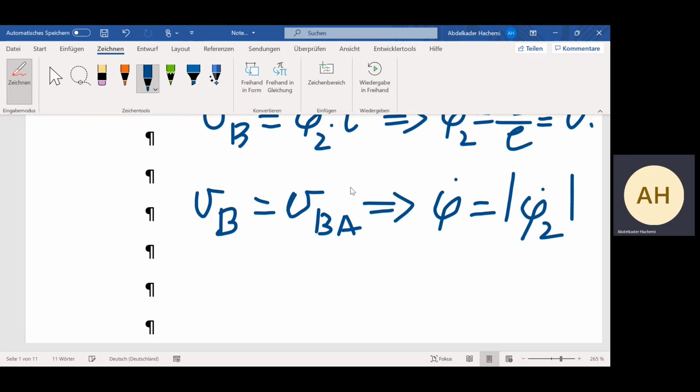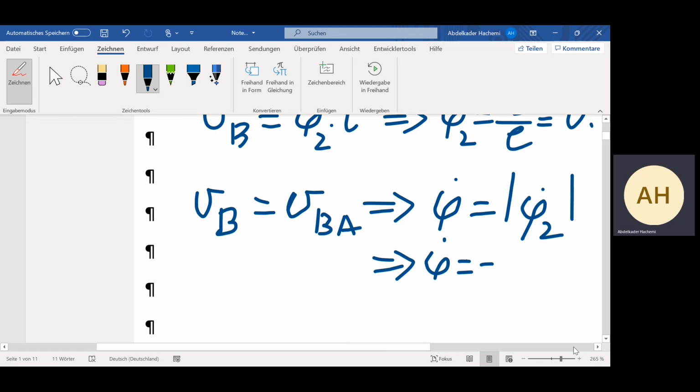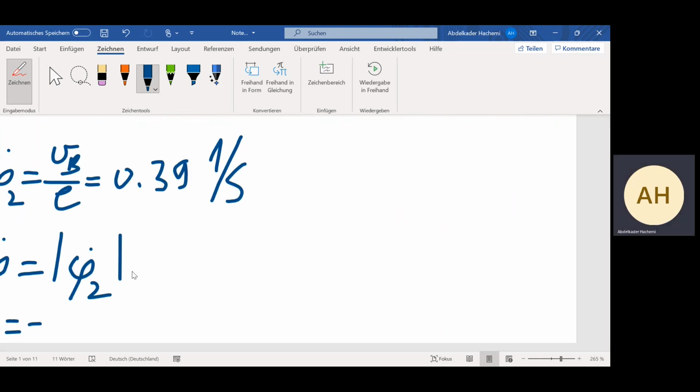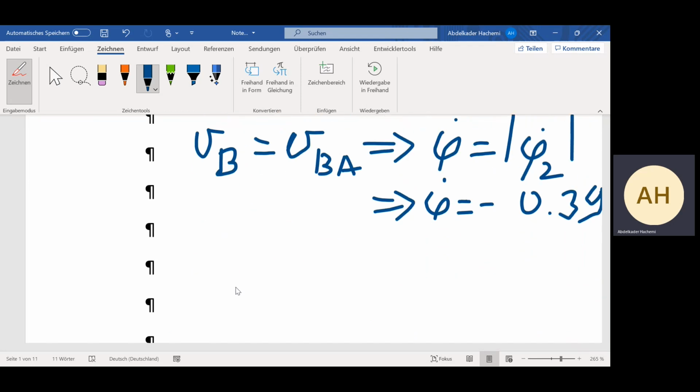Why? Because phi 2 is rotating counterclockwise, it's the choice of course, and the second one, the right one, is rotating clockwise. This means that phi dot will be only minus 0.9339, sorry, 0.39, 1 over second. This is what we get for phi 2.